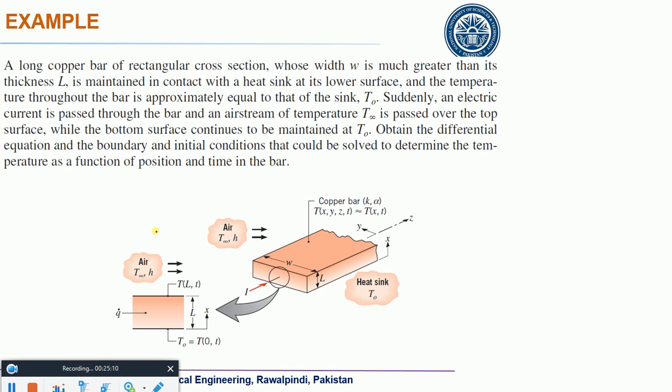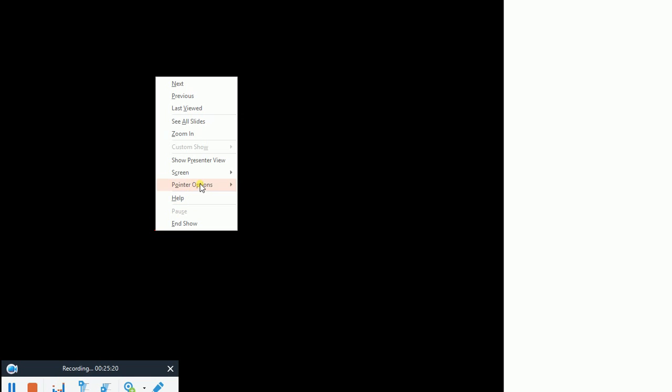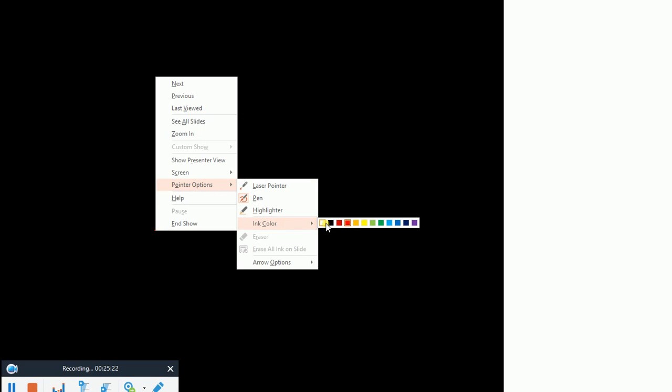These are a few different types of boundary conditions. Okay, fine. Let me solve a very simple form of the heat diffusion equation. What can be the simplest form of the heat diffusion equation?